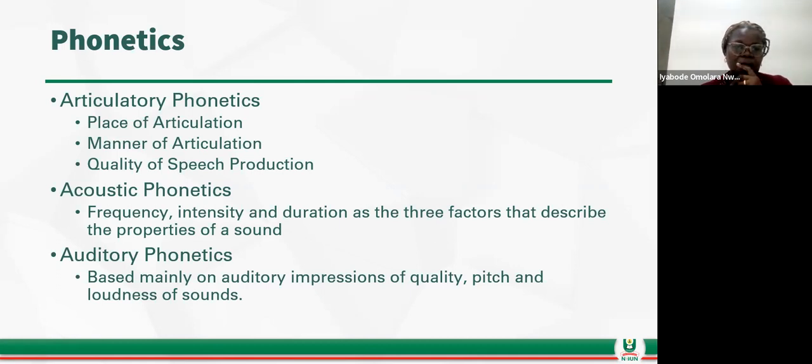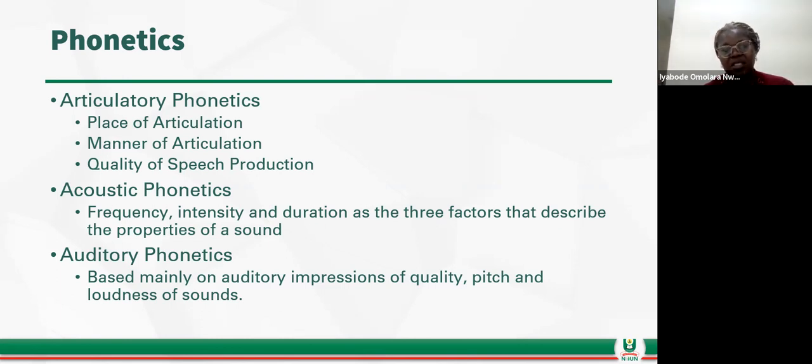Then we have acoustic phonetics, which has three factors that help us determine the properties of sound: frequency, intensity, and duration. Then we have auditory phonetics, which is based mainly on auditory impressions of quality, pitch, and loudness of sounds.